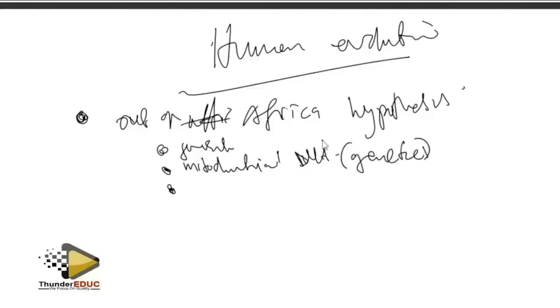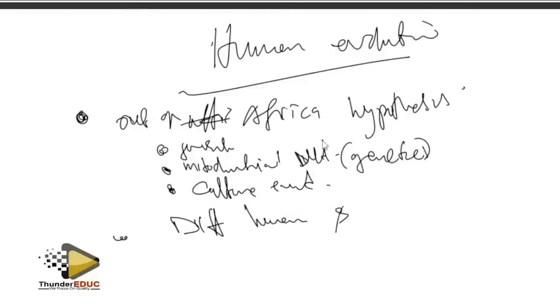Then you have to tell us cultural evidence. And then they can also talk about the differences between humans and apes, and also similarities between apes and humans. There is no 6-mark question they can bring here besides these. Nothing. I repeat, nothing, unless it's going to come from heaven.